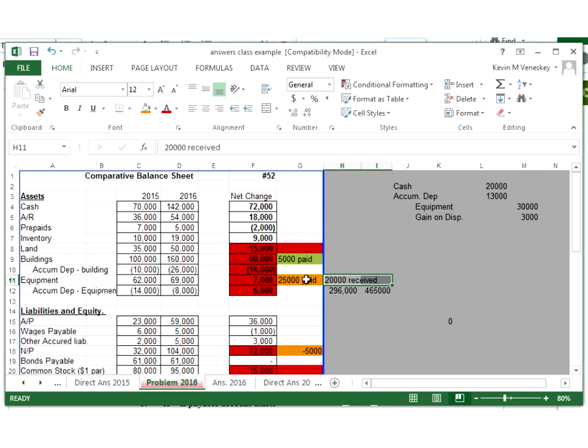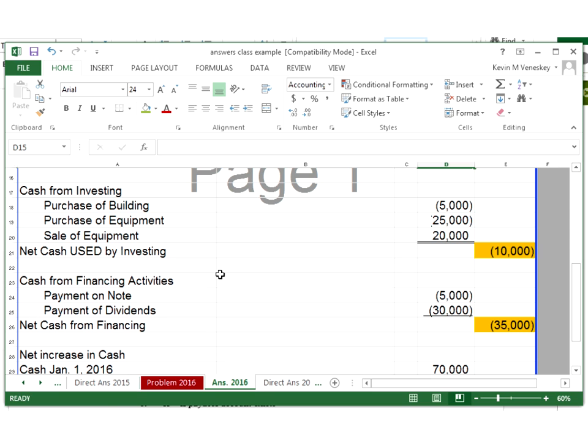I want to put them on separately. And so now I'm all done with this equipment account. I can go ahead and report this, and you're not going to see it. Maybe I'll just put this down here in the next column so we can see it as a green. I'm going to list each one of these in my investing section. So let's look at how that's laid out.